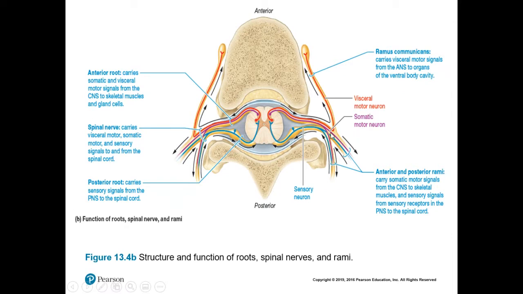Right? So here it is. Here, this is a spinal cord, and then we have the branchings of the nerve, the spinal nerves. So again, like I said, we have information coming from the body into the nerve, up into the spinal cord, from the spinal cord up to the brain.